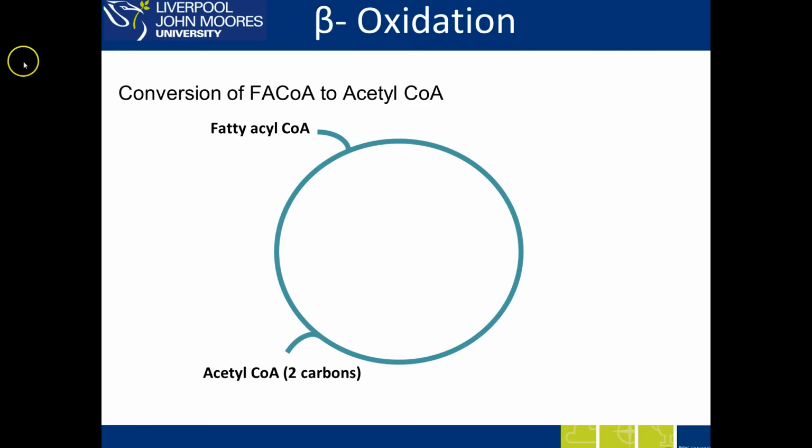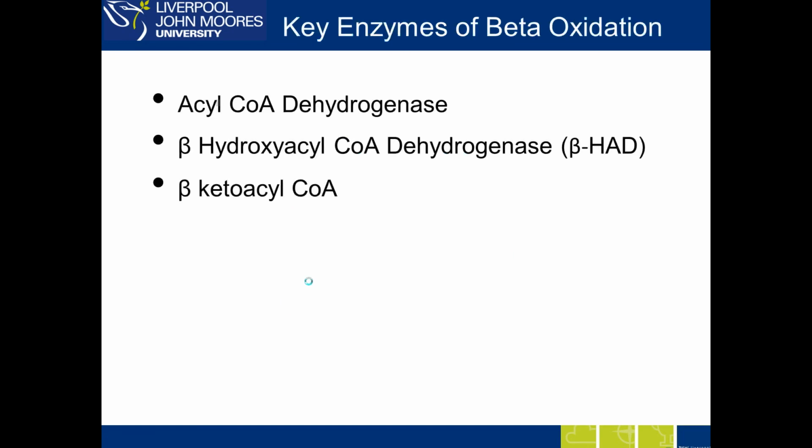So this is a cyclical reaction which converts fatty acyl-CoA to acetyl-CoA, and the enzymes involved in beta oxidation are acyl-CoA dehydrogenase, beta-hydroxyacyl-CoA dehydrogenase, or beta-HAD, and this is one that I'd recommend you remember, as it's one that you'll come back to time and time again in research papers as you progress through the course. And the third important enzyme is beta-ketoacyl-CoA.